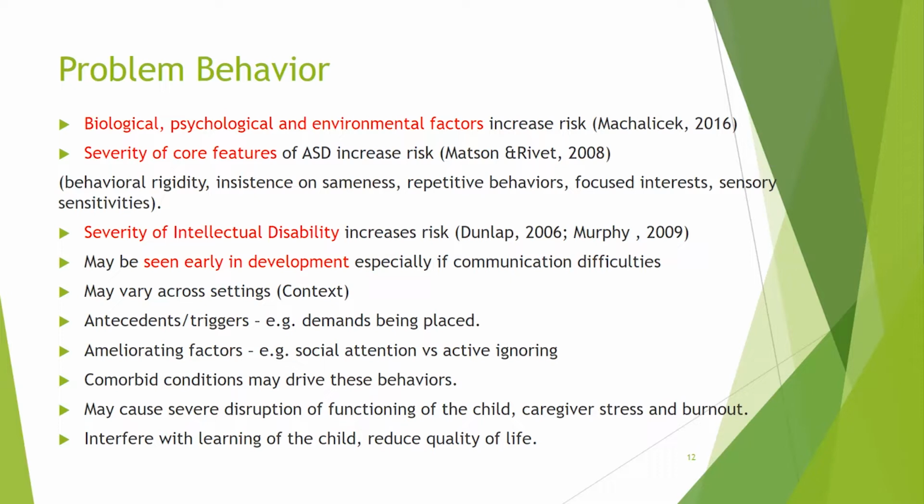The severity of core features of autism have been found in studies to have increased the risk of developing problem behaviors. And this is exactly what I had mentioned. For example, behavioral rigidity, insistence on sameness, repetitive behaviors, focused interests, and sensory sensitivities may all worsen the aggressive, self-injurious, or disruptive behaviors.